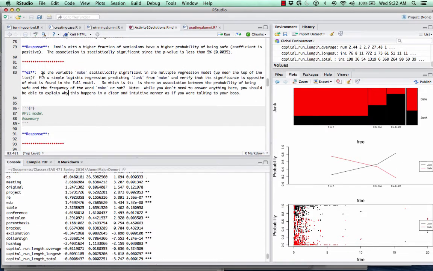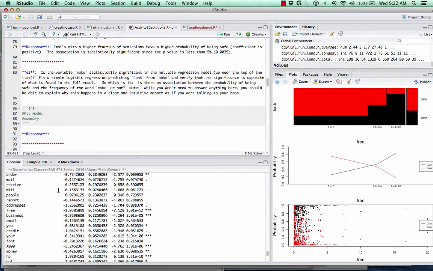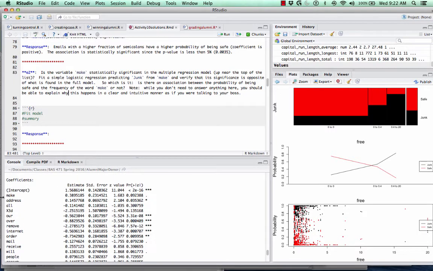All right. Question E2 asks us, is the variable make statistically significant in the multiple regression model? And that's up near the top of this list. It's a very long list. Here's make, and what we see is that the p-value is bigger than 5%. So no, it is not statistically significant. So make is not significant in the multiple regression model.